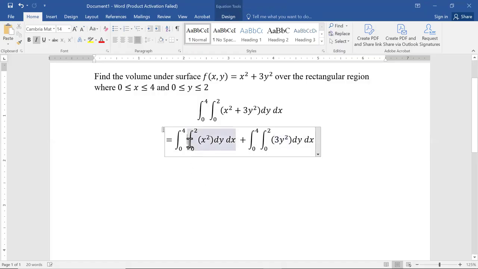This is where I can start utilizing some of my technology pieces. So let's start, I think I want to start over here on this right-hand side integration.